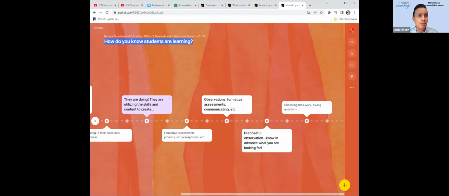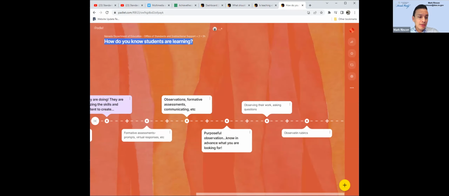This one's really powerful: purposeful observation. Know in advance what you're looking for. Yes. And another person added observing their work and asking those questions. These are some really great examples of how you know that your students are learning.